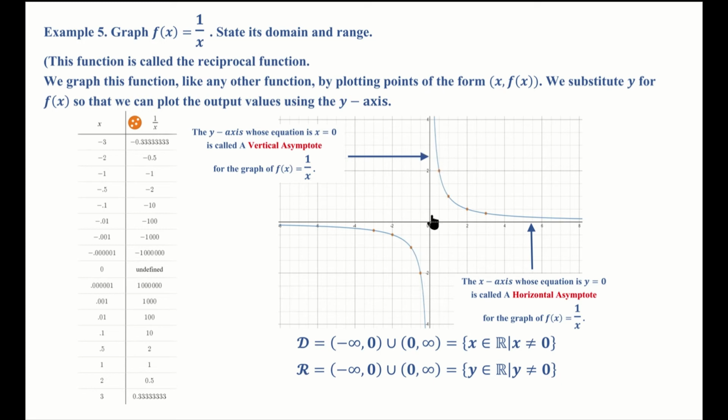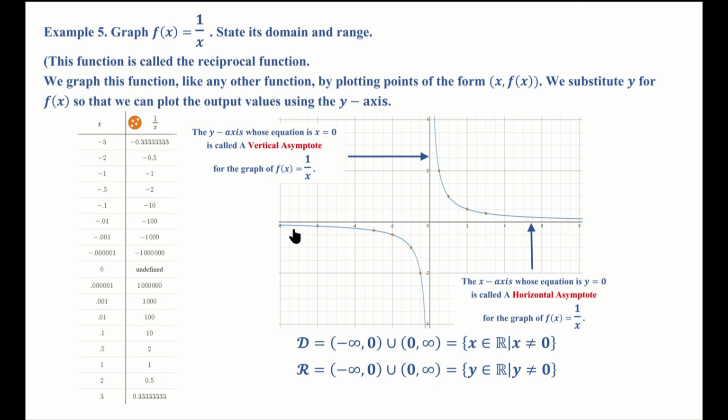We call the y-axis in this case the vertical asymptote for this graph. So what is an asymptote? It's a line or a curve that another graph becomes arbitrarily close to but never actually crosses. So in this case, we have two. We have the vertical asymptote, which is the y-axis, whose equation is, of course, x equals 0. And we have the horizontal asymptote right here, which is the x-axis.